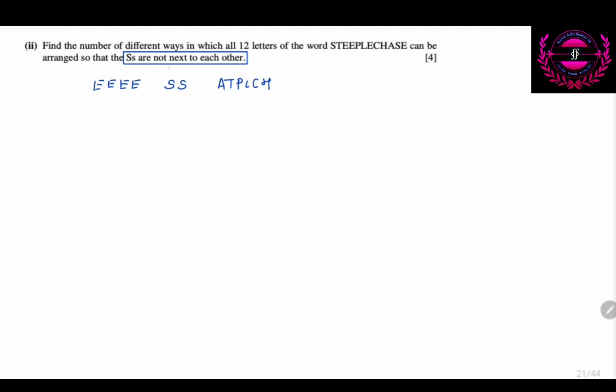Now, S's are not next to each other. So we can find the number of ways as total number of ways minus the ways in which S's are together.